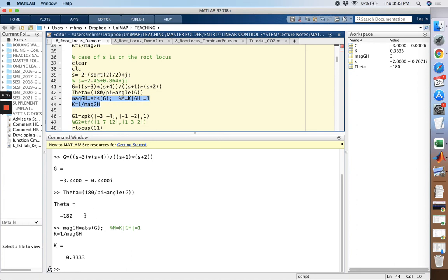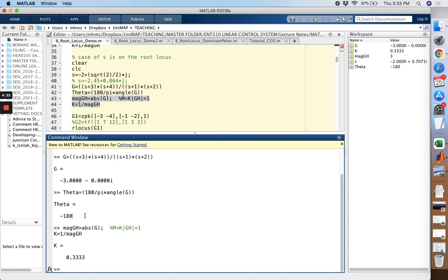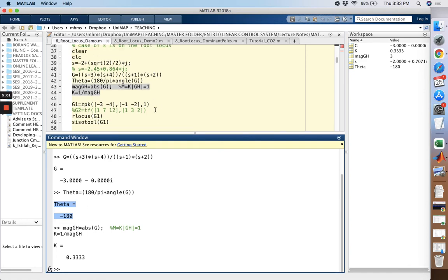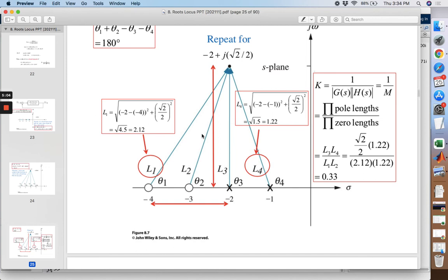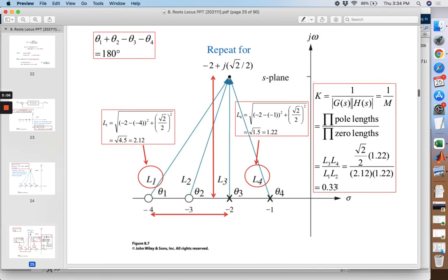So we can say that this point s at negative 2 plus square root 2 over 2 is on the root locus, because the summation of angles of poles and zeros equals 180 degrees, and the point where s is located has a gain of 0.3. You can see this result is the same as the manual calculation.